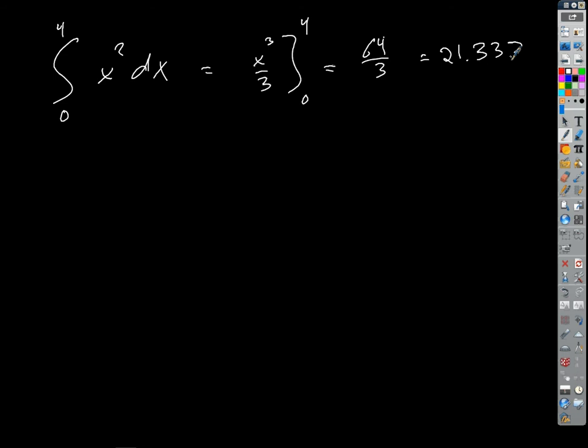Now if I do this in a TI CAS or a TI-89, it will tell me this is equal to exactly 64 thirds. There's a fundamental difference in the way they calculate those things. The CAS ones, that means computer algebra system.